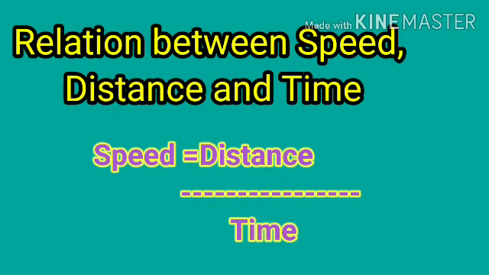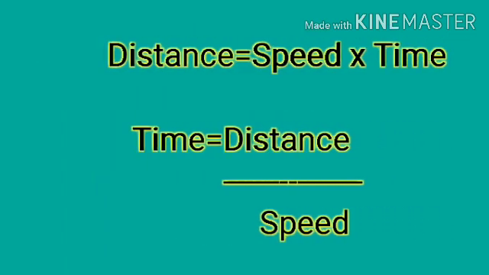Okay, students. Now we can see a relation between speed, distance and time. Speed is equal to distance by time. Distance divided by time is called speed. Now children, if you want to find out distance travelled, you want to multiply speed and time.